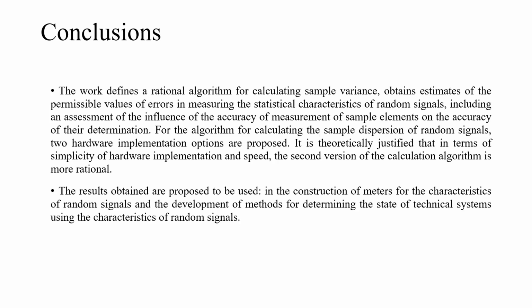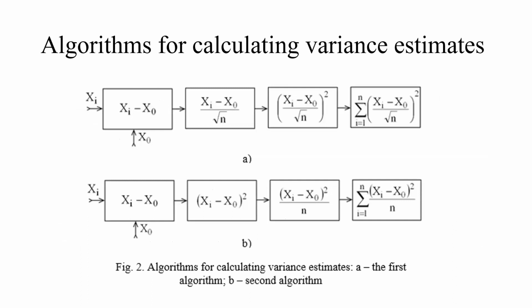It is theoretically justified that in terms of simplicity of hardware implementation and speed, the second version of the calculation algorithm is more rational. The results obtained are proposed to be used in the construction of meters for the characteristics of random signals and the development of methods for determining the state of technical systems using the characteristics of random signals.